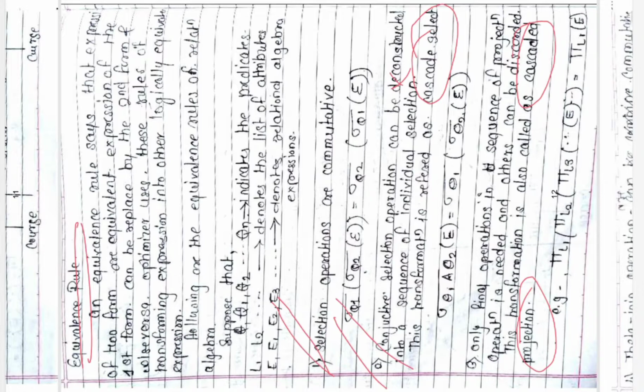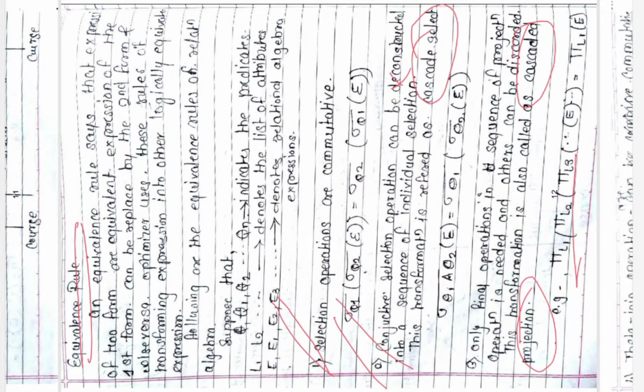Project L1 in bracket project L2 in bracket project L3, and whatever expression we want to write, is equal to project L1 comma L2 comma L3 from that expression. That is the meaning. So it is nothing but the cascaded projection.